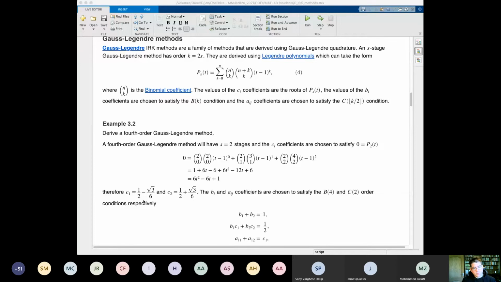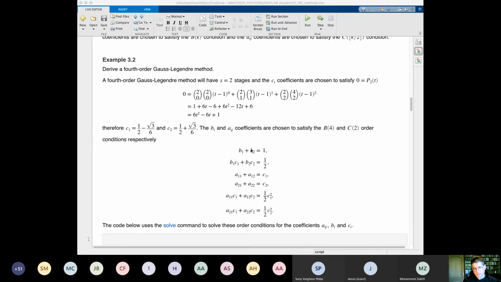We have a two-stage Runge-Kutta method, so we now have 6 unknowns to solve for. So we've got 4 A values and 2 B values. Now the B values need to satisfy the B(k) condition, but because we've only got 2 stages, I only need the first 2, up to j equals 2.